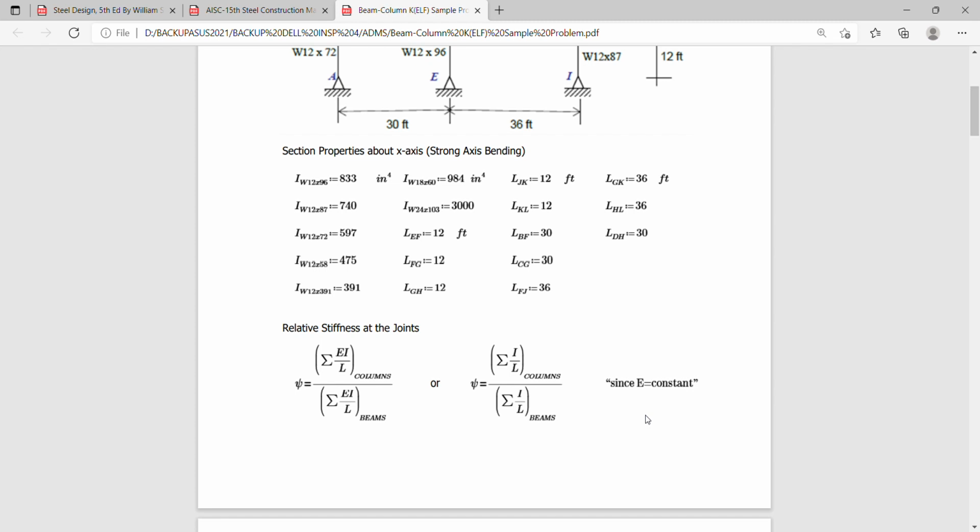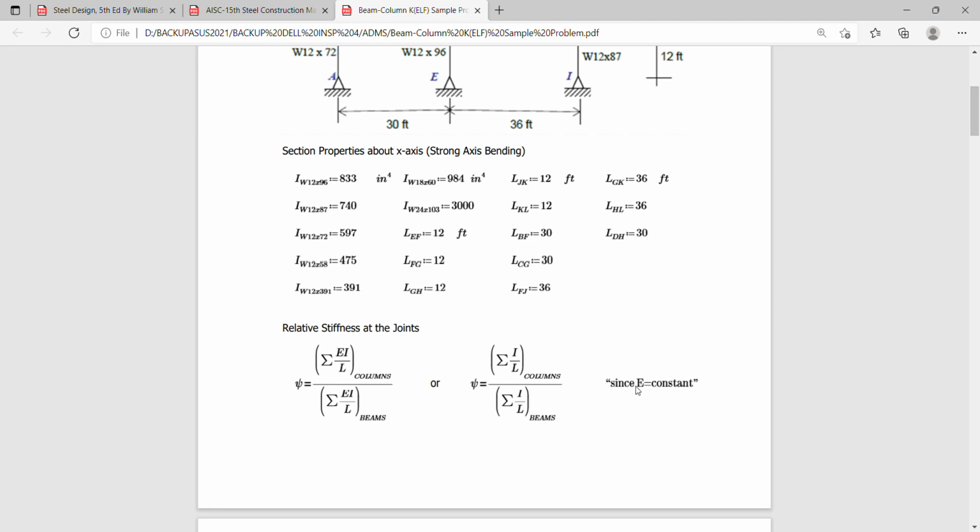The formula for the stiffness ratio, or relative stiffness, is psi equal to the summation of the stiffness, EI over L, of the columns divided by the summation of the stiffness of the beams.